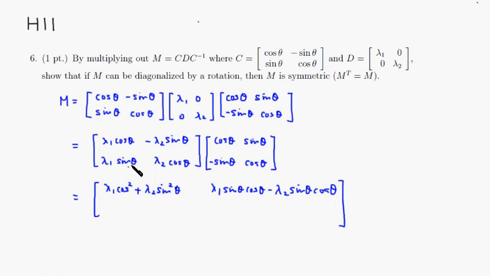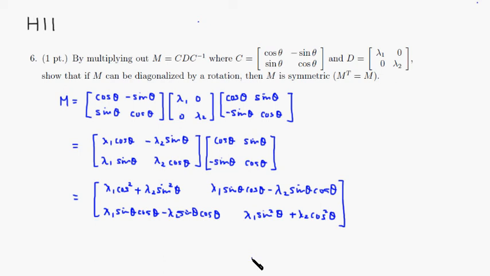Then this times that gives you lambda 1 sine theta cosine theta minus lambda 2 sine theta cosine theta. And this times that gives you lambda 1 sine squared of theta plus lambda 2 cosine squared of theta.